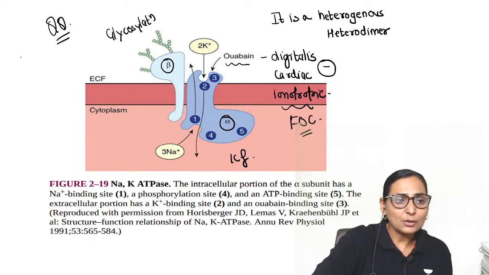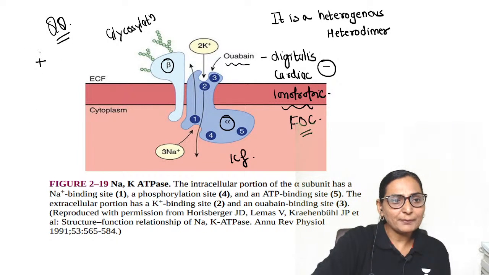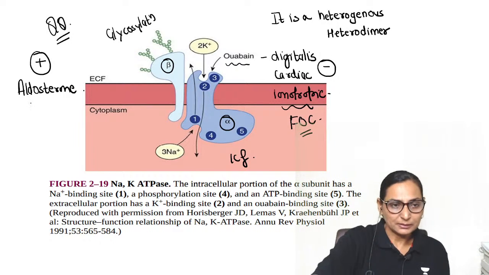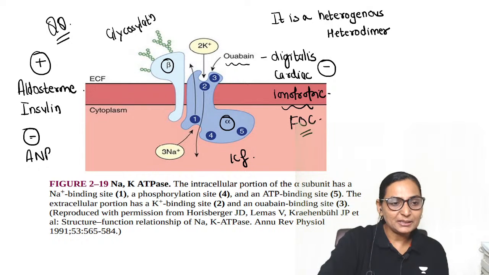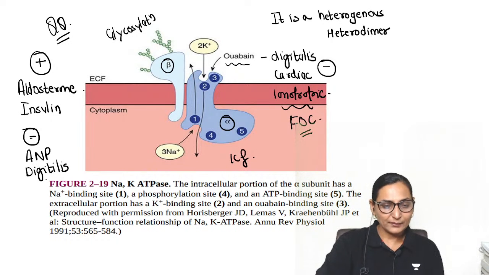Now, you must remember that this pump is stimulated by aldosterone, and even by insulin, and it is inhibited by ANP, that is atrial natriuretic peptide, and by the cardiac glycoside, that is digitalis.